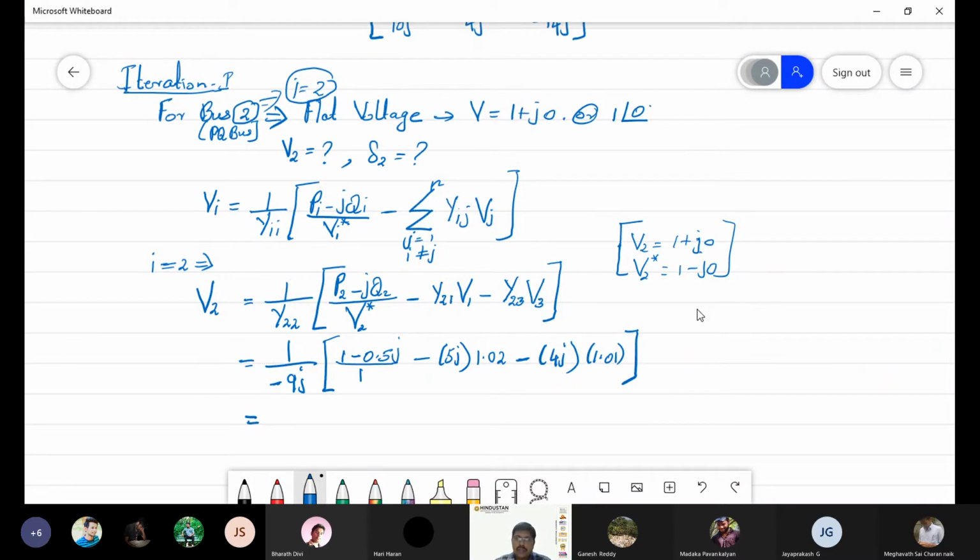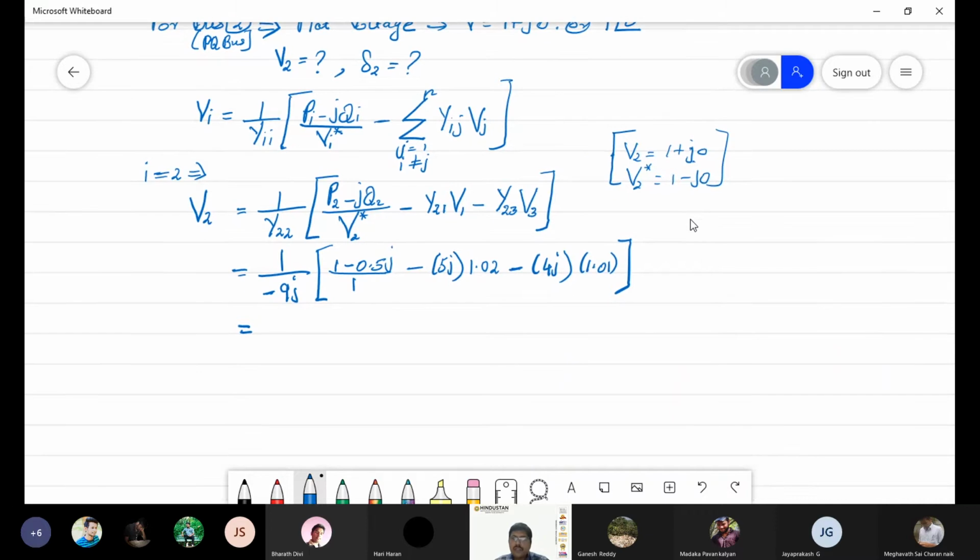So once you are able to substitute all the values in the formula, it is very easy to identify the results. Alright, therefore once again I repeat, 1 divided by Y22, that is Y22 value we taken from the Y bus matrix, so minus 9j. P2 is given in the problem, that is 1, and Q2 is given, that is 0.5.